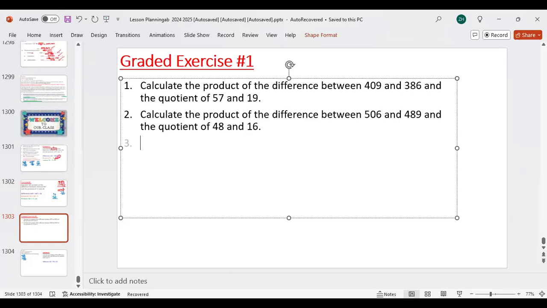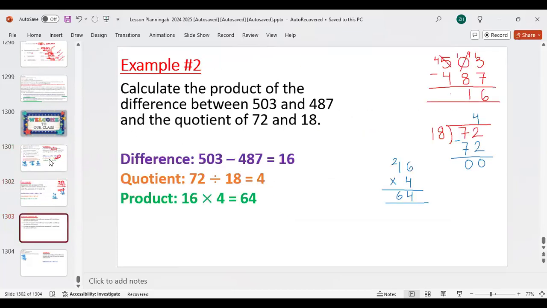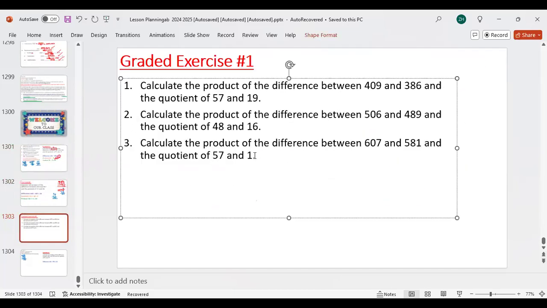And finally, calculate the product of the difference between 607 and 591, and the product of 17 and 68.